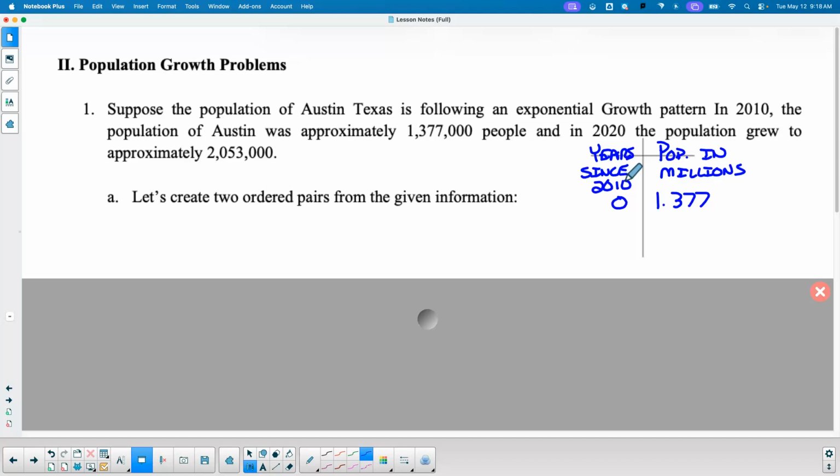It's 1.377 million. What's the second data point that we can come up with? 10 and 2.053.